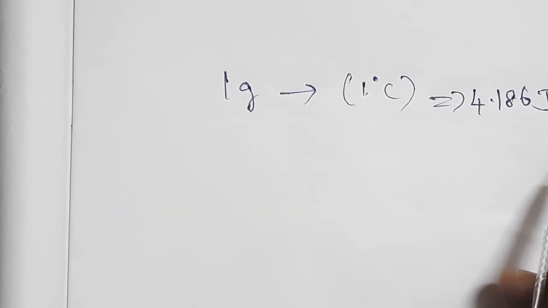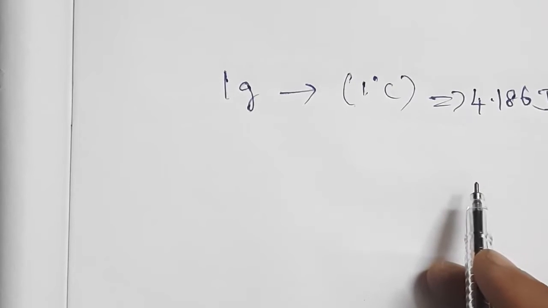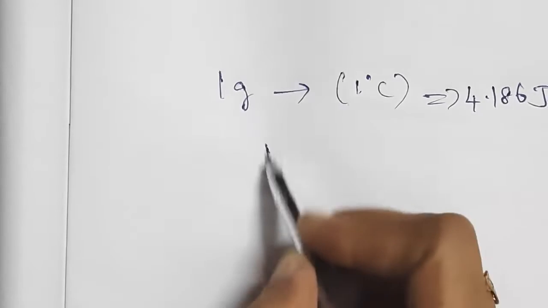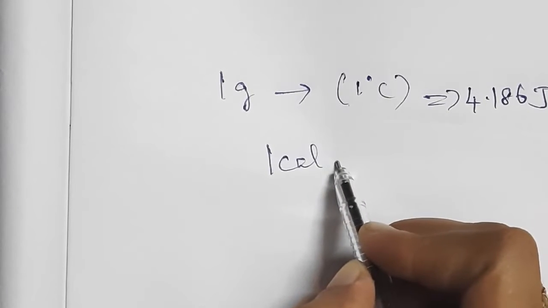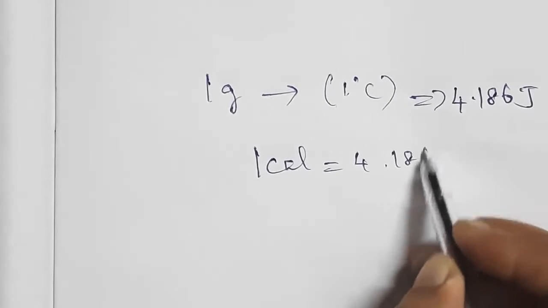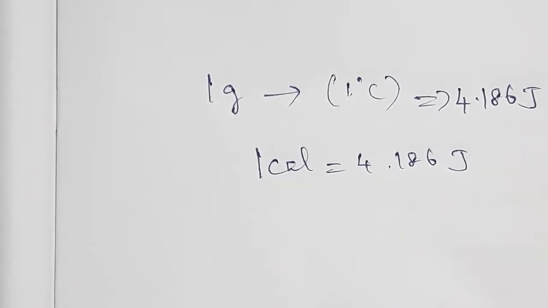Actually, heat was measured in calories in earlier days. That is, 1 calorie is equal to 4.186 joule. So this is called Joule's mechanical equivalent of heat.